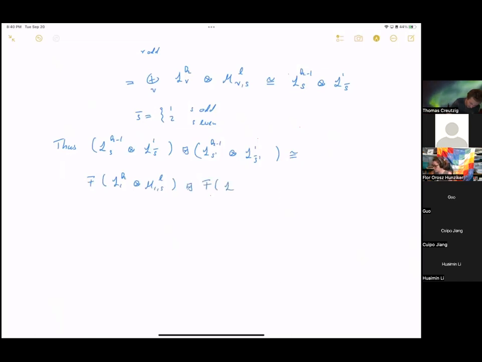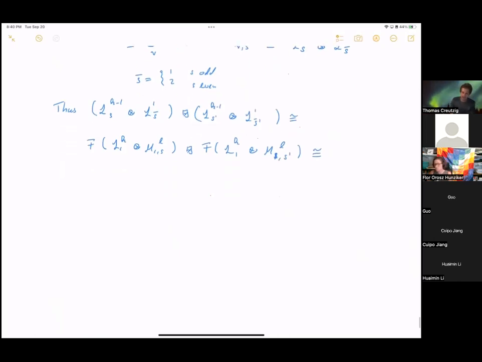And similar for the second vector. And now here I can use the statement that this induction functor is a monoidal functor. This means that this is the same thing as taking first the tensor product of these V modules.